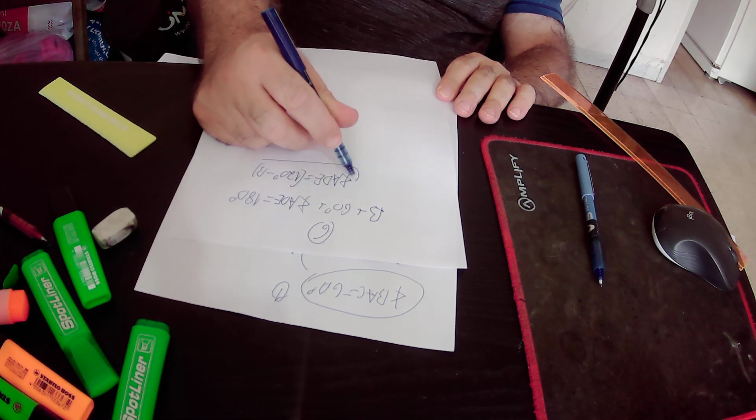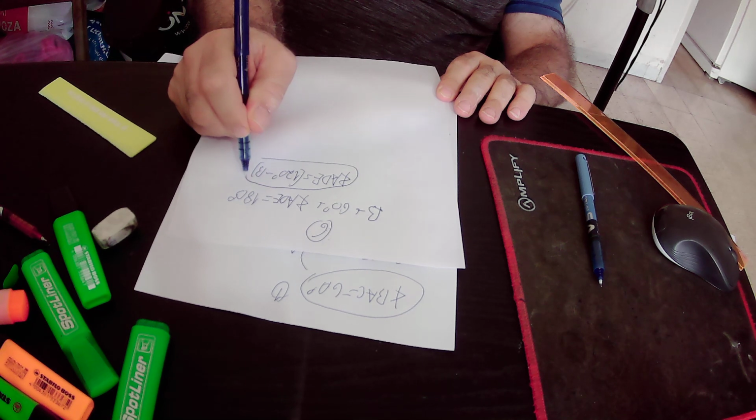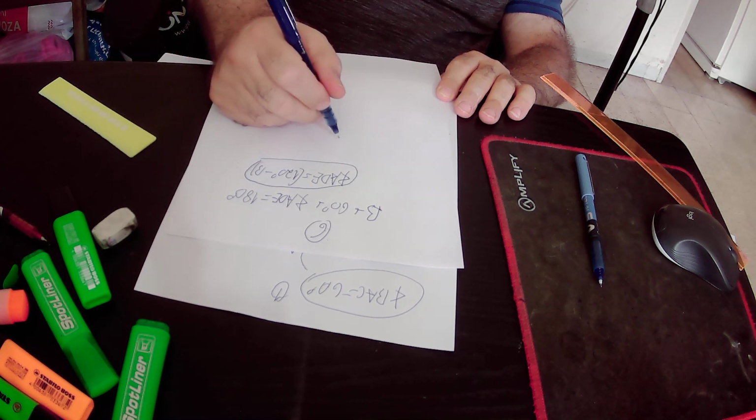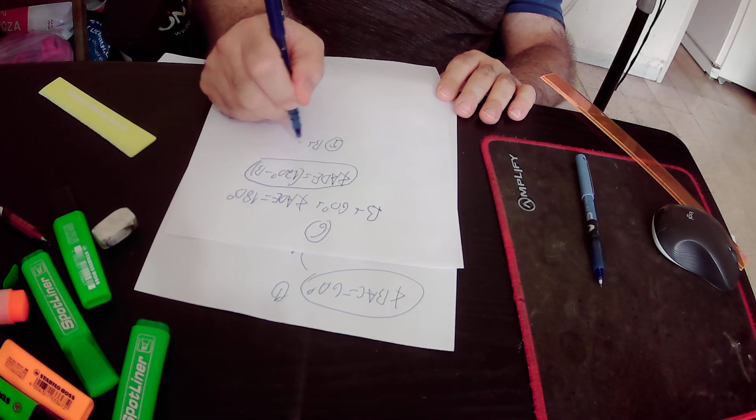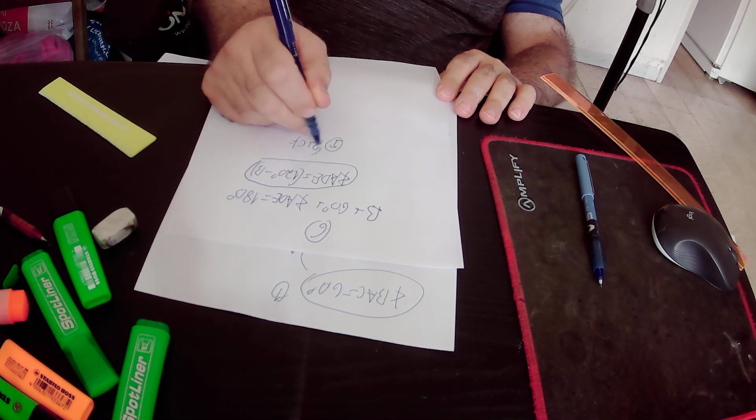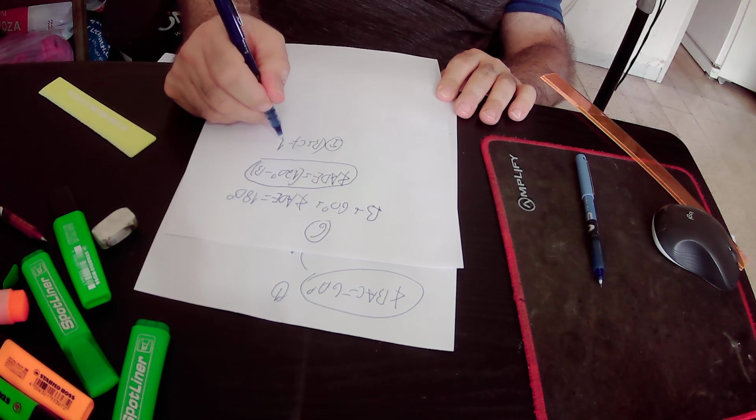Angle ADE equals 120 degrees minus B. According to equation number 1, B plus C equals 120 degrees.